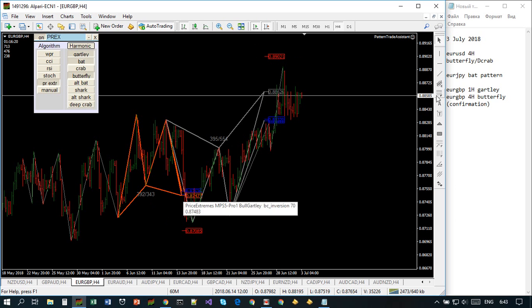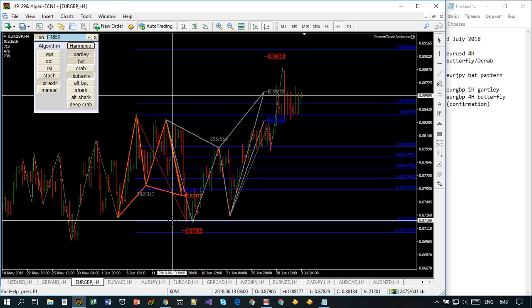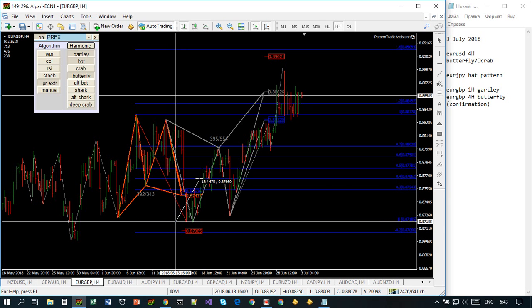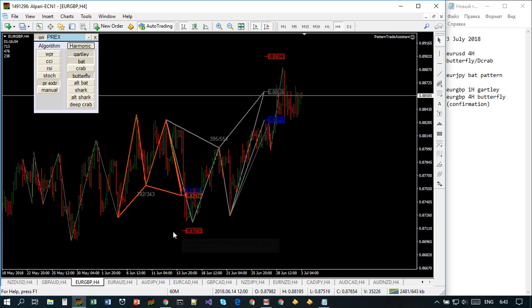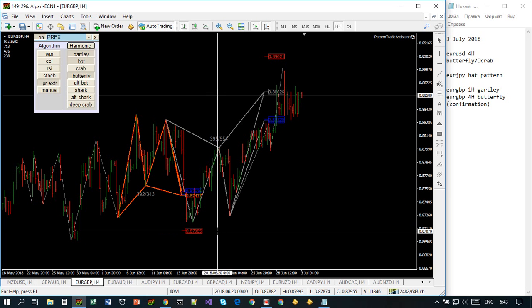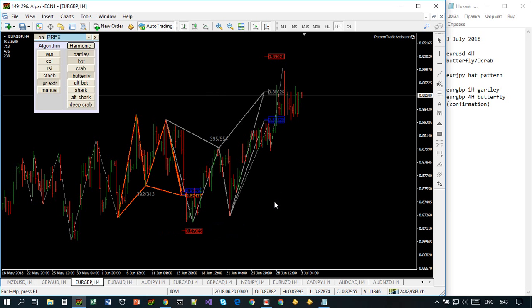So you can see majority of them win before they hit the stop loss level, the invalidation level. Well, you can set your own invalidation level.